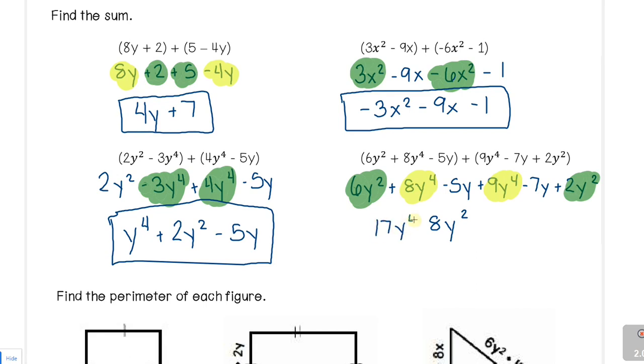I'm going to put it up in front to make sure it is in standard form. And then lastly, we have minus 5y minus 7y. So negative 5 minus 7 gives us a negative 12y.